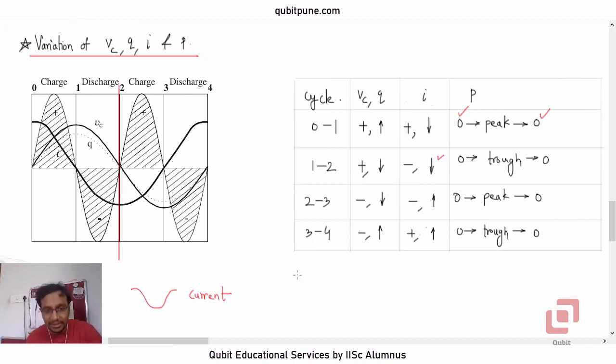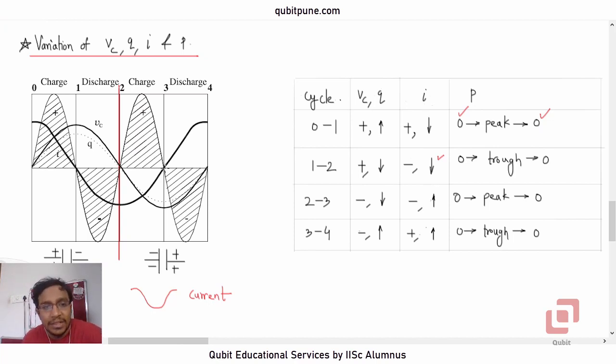What I mean by that is, let's say here the capacitor charged like this: positive, positive, negative, negative. In this case, how will it charge? Negative, negative, positive, positive. This is how the capacitor will charge. So that is from 2 to 3, and then it must discharge as well.